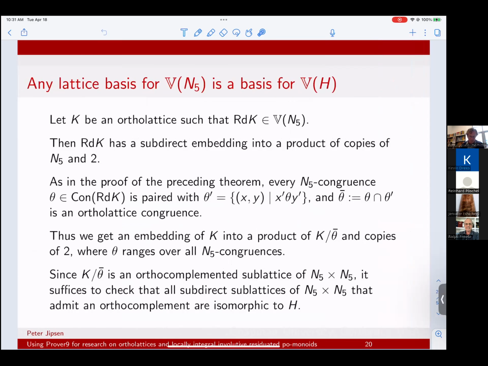So now, if K is an ortholattice with the reduct in the variety generated by N5, then the reduct has a subdirect embedding into a product of copies of N5 and 2, because those are the only subdirectly irreducibles in here. And in the proof of the preceding theorem, every N5 congruence is paired with another congruence, theta prime.